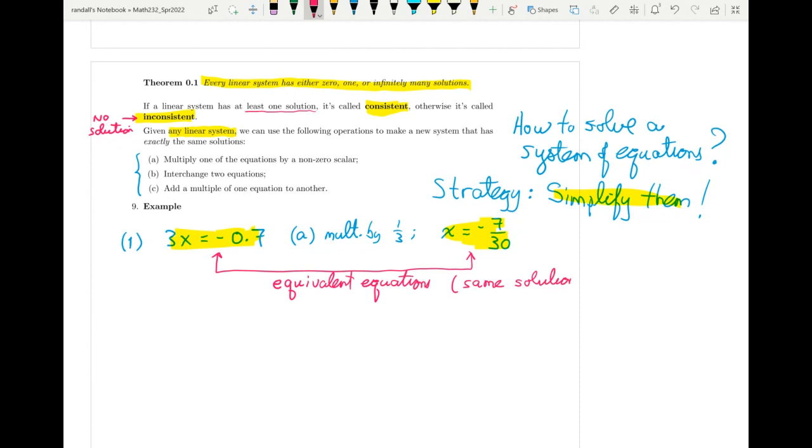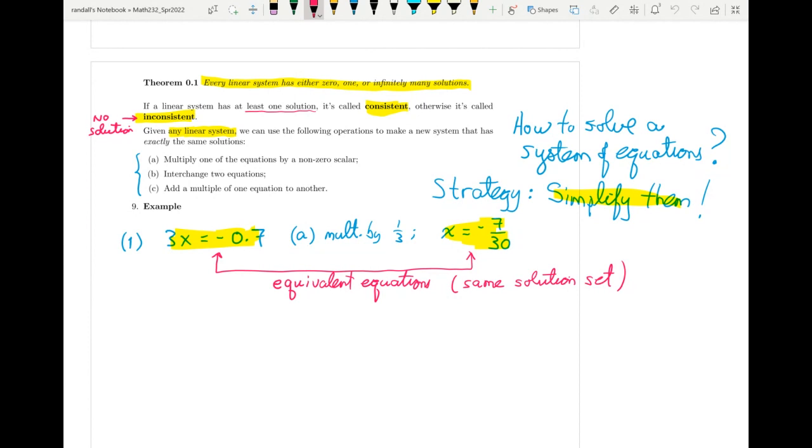Although here the solution set is just the solution of this one single equation. So the fact that we introduced this term equivalent equations, meaning the same solution set, is hinting that what's important in a system of linear equations, or any system of equations, but let's just concentrate on linear equations, is not so much the form of the system, but the solution set. That's what's interesting to us.